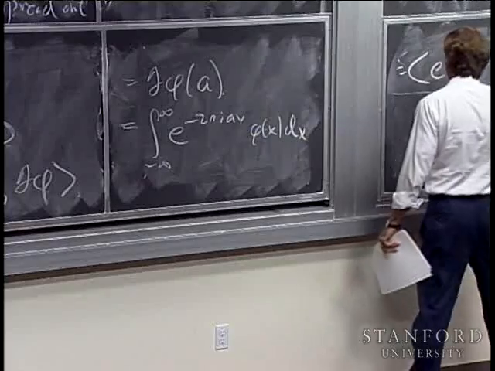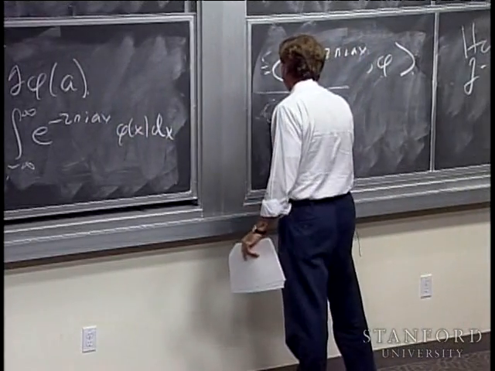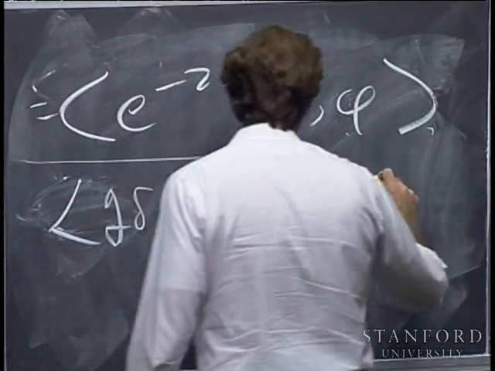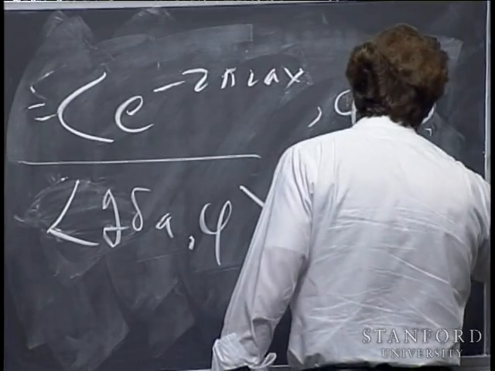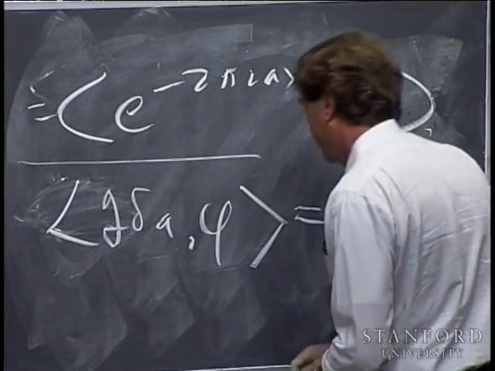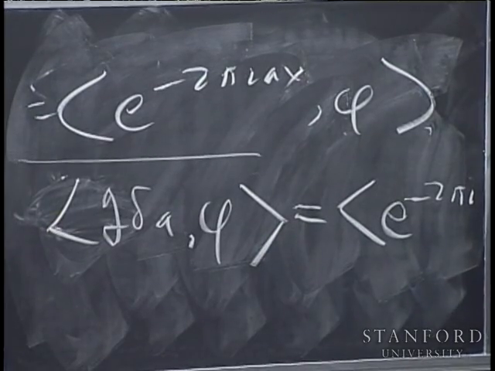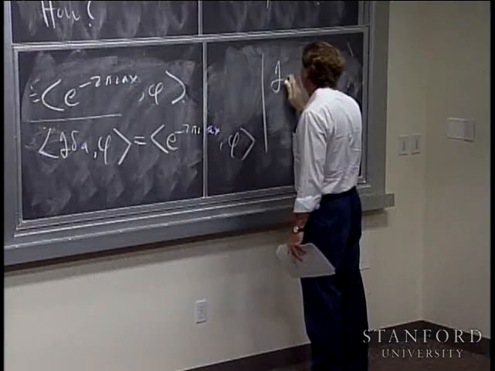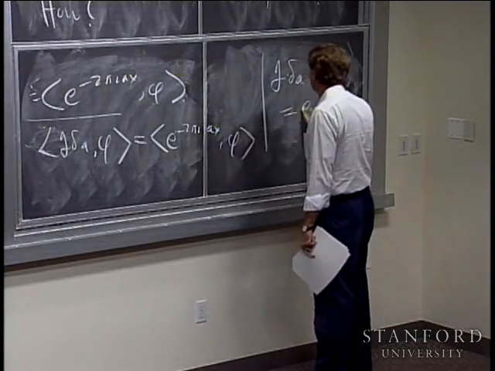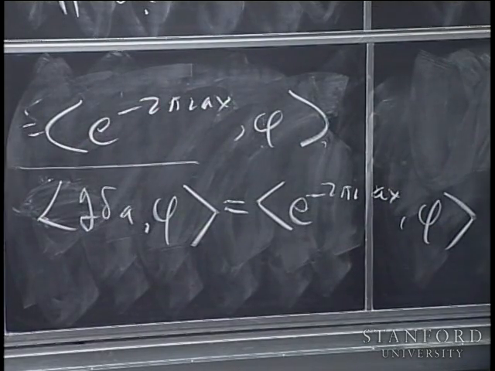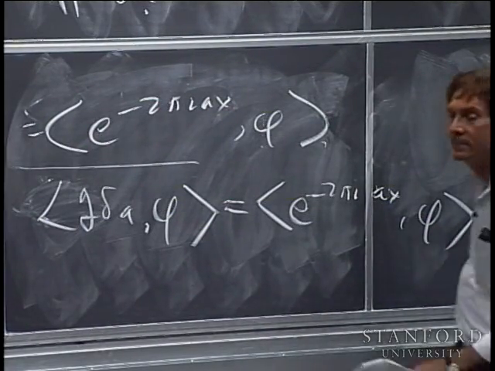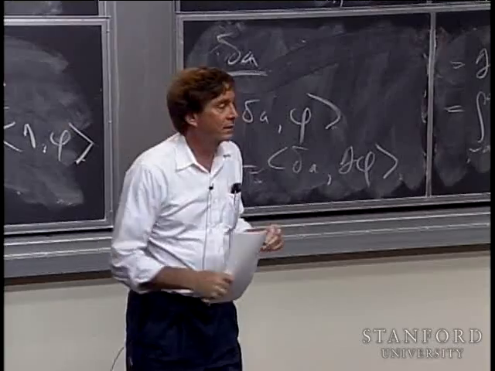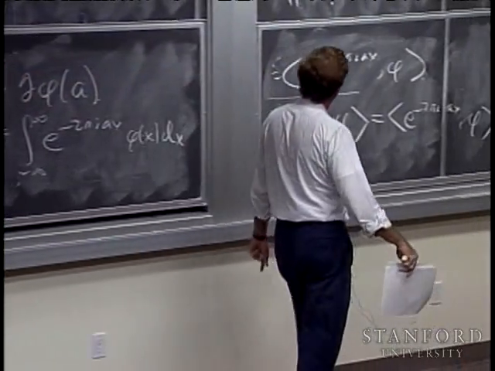We have the Fourier transform of delta sub A paired with phi is equal to e to the minus 2 pi i a x paired with phi. And therefore, that holds for every test function phi. That identifies the Fourier transform of delta sub A as e to the minus 2 pi i a x, where the right-hand side is understood as a distribution. It's the distribution which operates on a test function by this pairing.